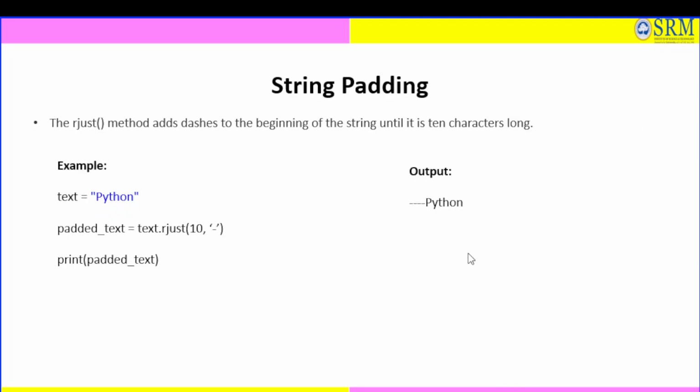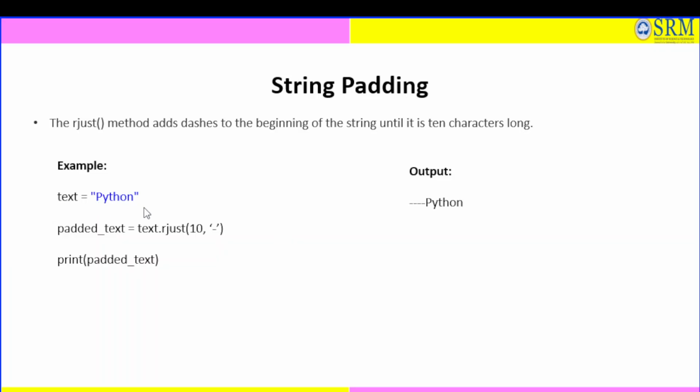Next is the rjust method. It is going to add spaces or dashes to the beginning of the string until it is 10 characters long. In this program we have given 10, so it goes until it is 10 characters long. For example, if we have the text Python, we use the rjust method, give a total of 10 characters, and then a hyphen.